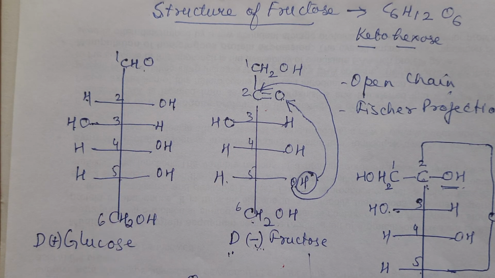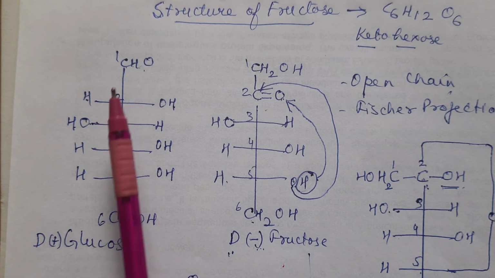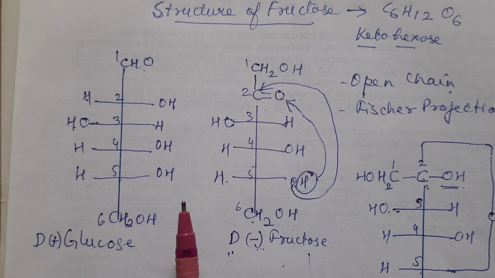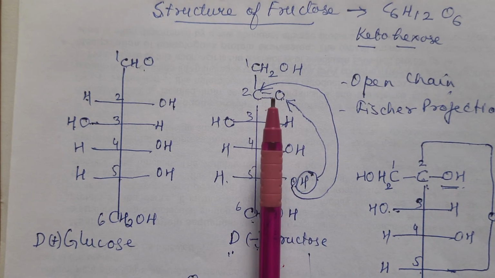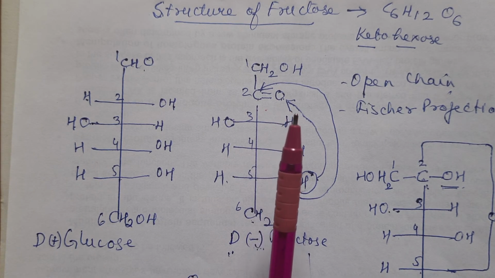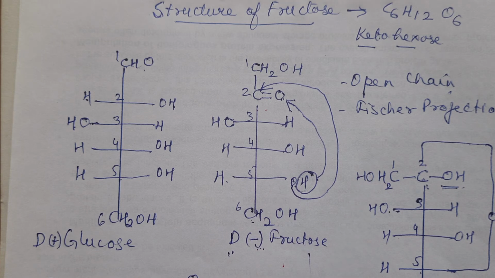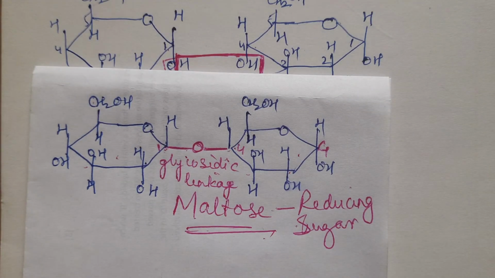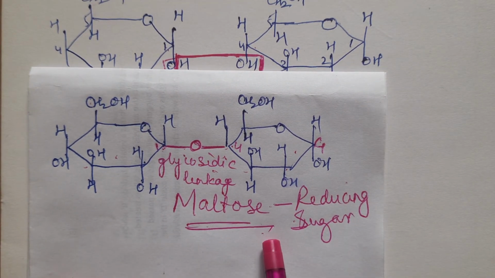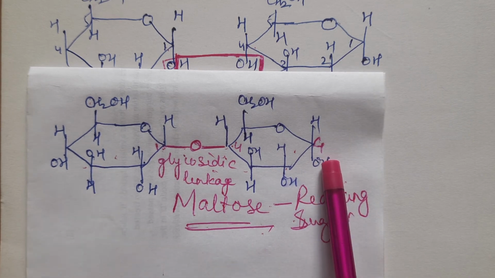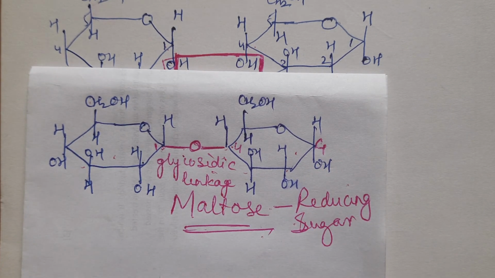So in disaccharides or polysaccharides, if the first carbon atom of any glucose molecule is free, even if just one, and for fructose, if the second carbon atom is free, then we will say it is reducing. If it is occupied, meaning it is linked together through some linkage, then it will be a non-reducing sugar. That is why we are saying that maltose is a reducing sugar, because for at least the second glucose, that first carbon atom is free, right?